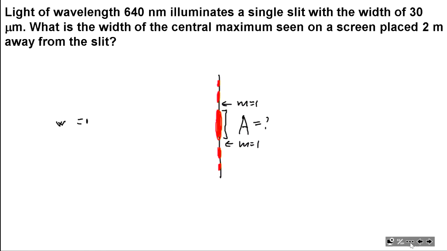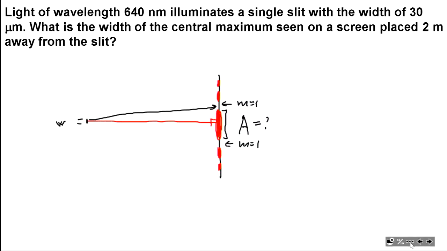So light travels to all directions, but this black line represents the absence of light. And of course, we can draw the perpendicular to the screen.